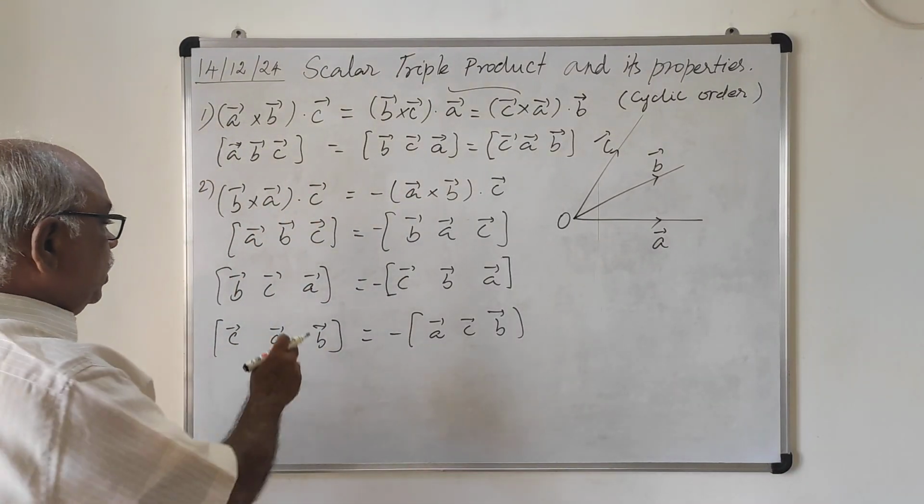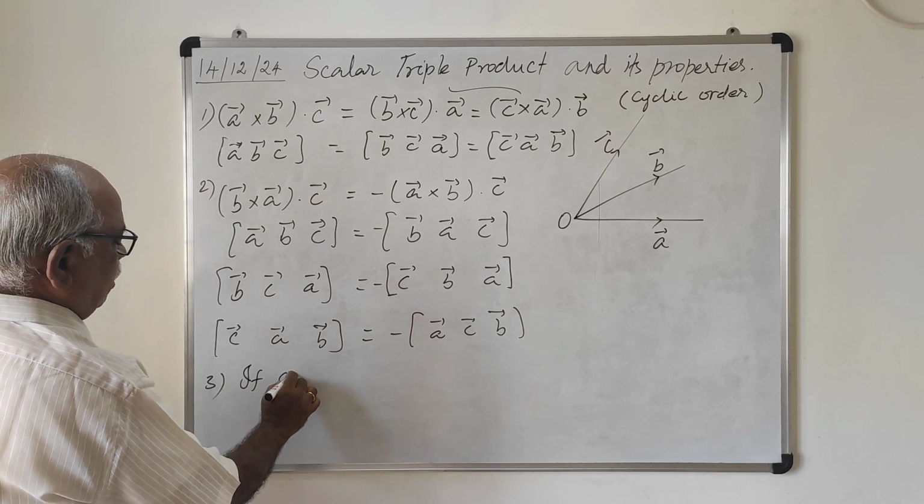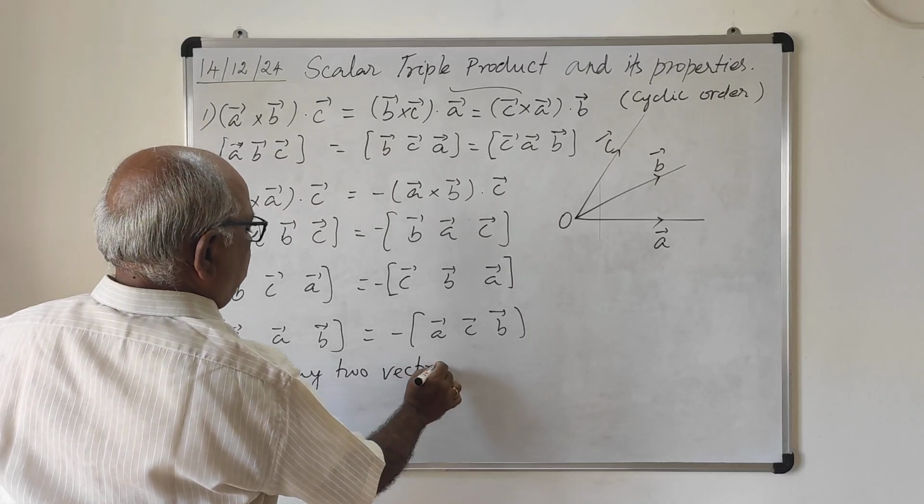And in the box product, if any two vectors are equal, that is the third property.